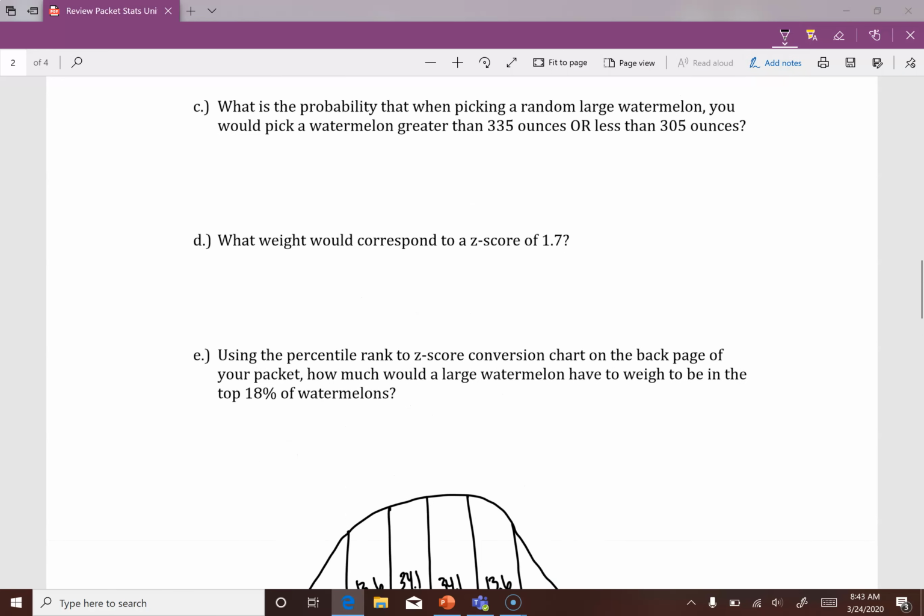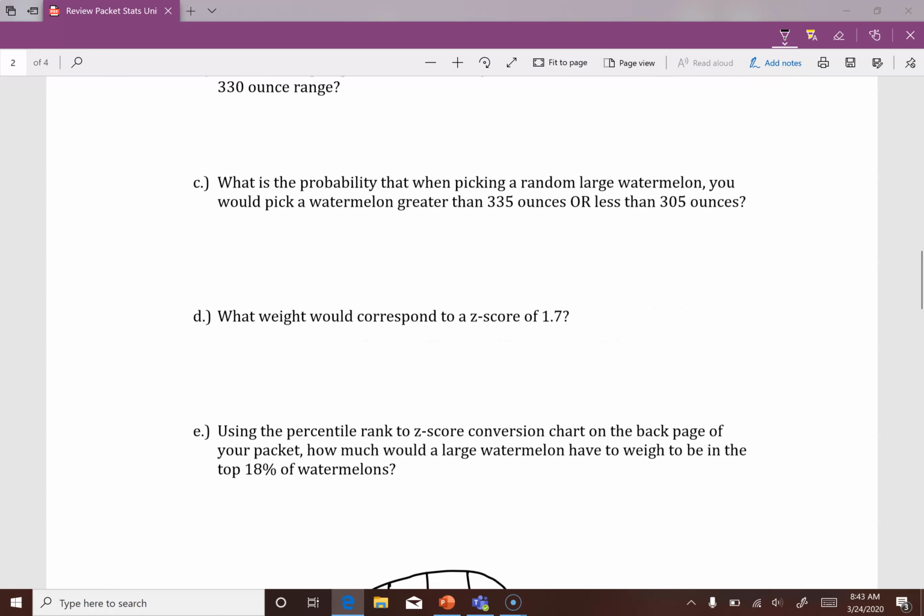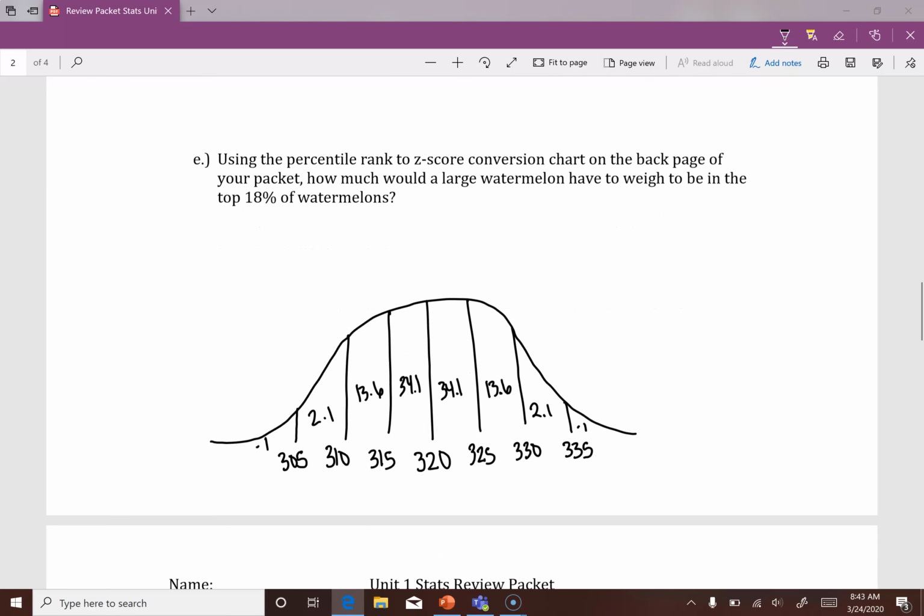All right, so let's go back up here. It says, for a sample of 2,000 watermelons, how many watermelons should have a weight greater than 310? Okay, well, we have to find that percent. So we're looking to add up from here to here. So I'm adding up the 13.6, the 34.1, the 34.1, this, and the 0.1 as well.